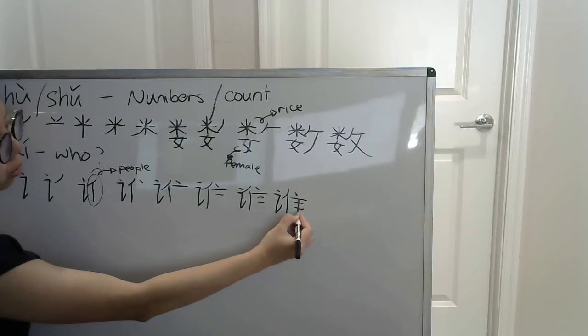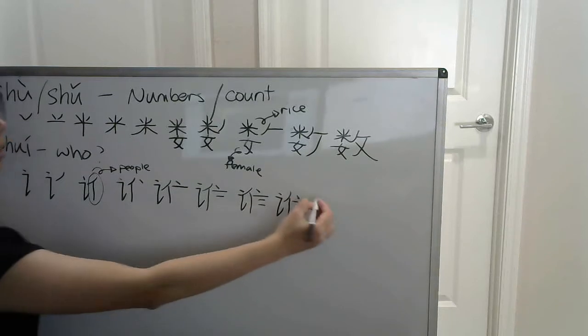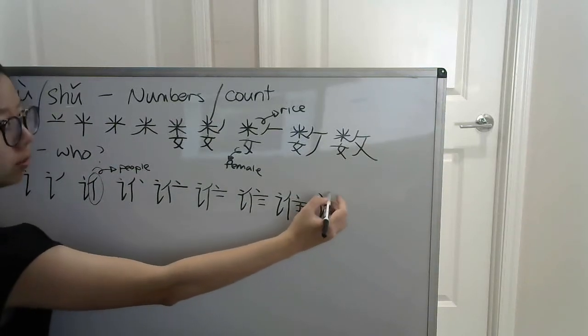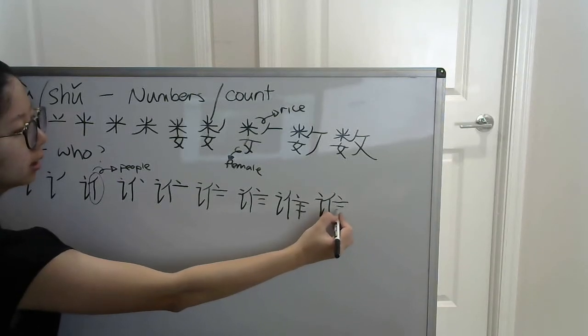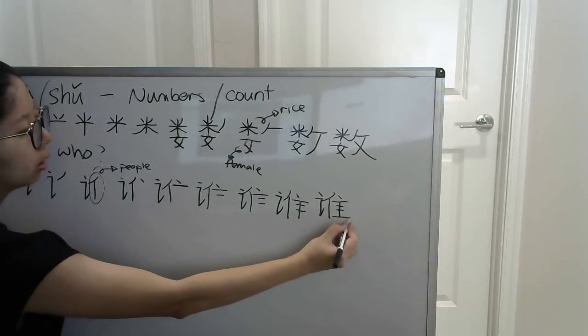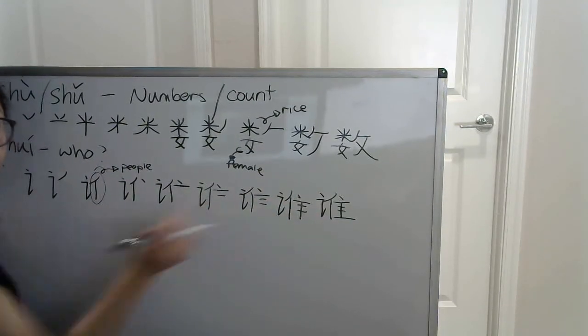And then we're going to pull a 竖 down past both of the little 横s. And then a longer 横 underneath, and then we're done. And there's our character 谁.